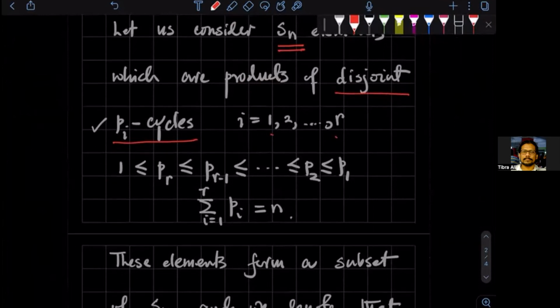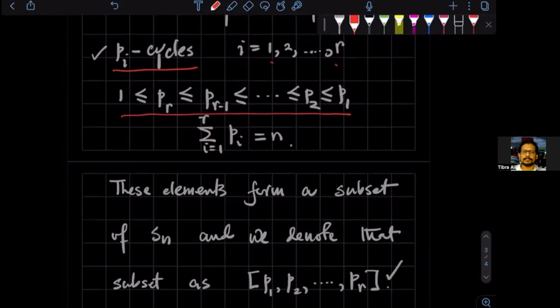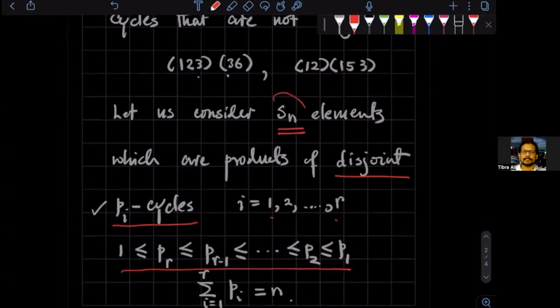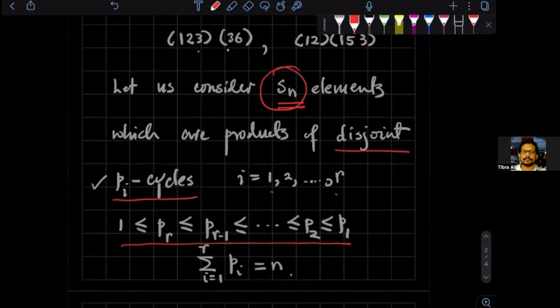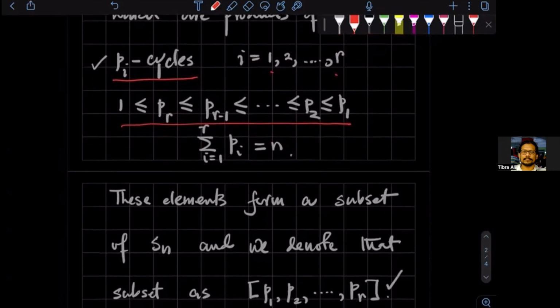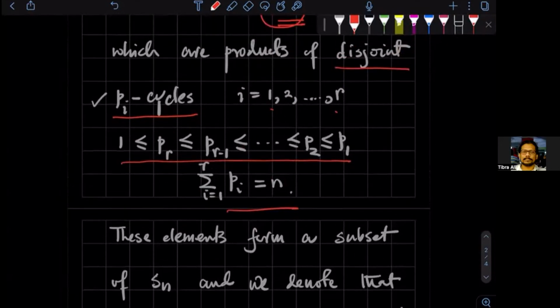And we are ordering them in this way. This is just an ordering. And because we are dealing with an Sn group, all the elements are n cycles, overlapping or not. So all the pi must add to n. So we are not looking for subgroups here, we're looking for subsets.